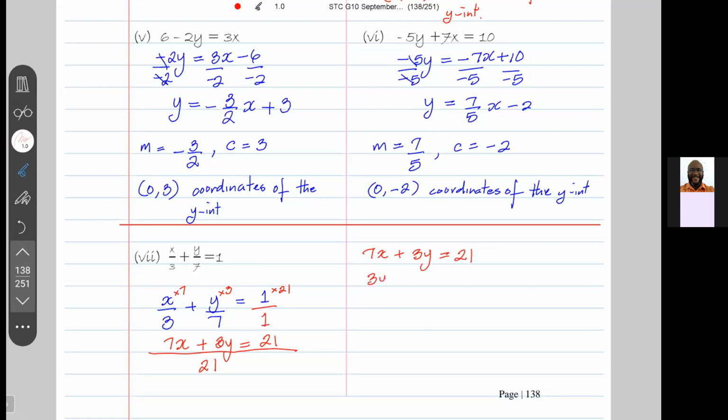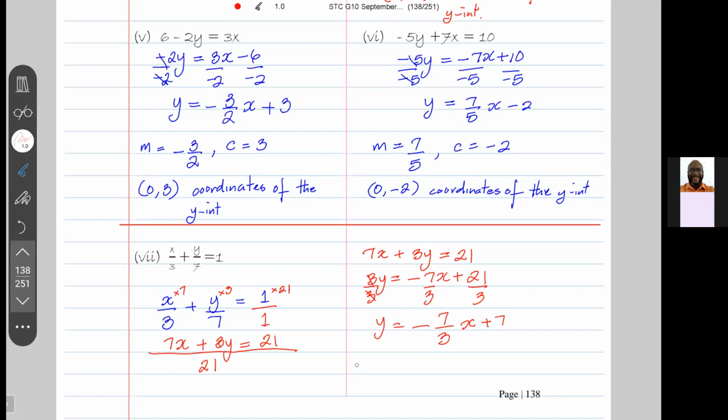3y would be equal to minus 7x plus 21. Then I'm going to divide both sides by 3, the entire equation by 3. I'm going to end up with y is equal to minus 7 over 3x plus 7.